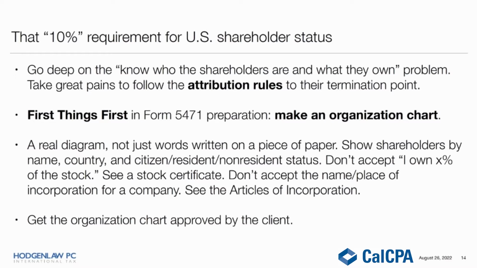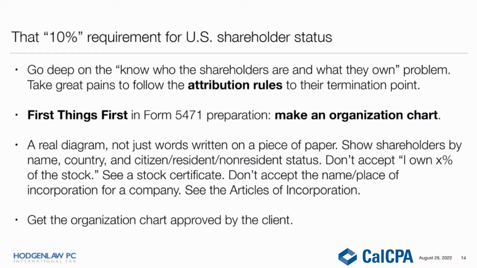The other little piece of painful information I would highly recommend is if these people are telling you ownership by percentage of companies, do not accept that. Please find out how many shares. If they just say, I own 52% of the company, you might or might not find out about a second class of preferred stock or something like that, which may not matter to them in the real world, but for your purposes, this 10% by vote or value might be critical.